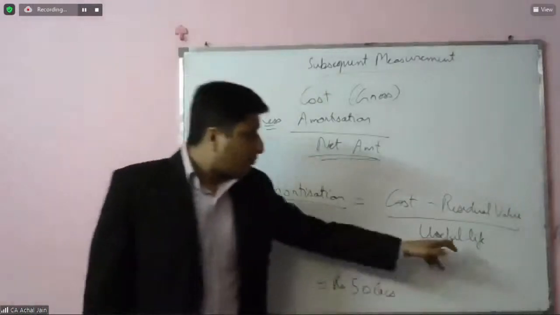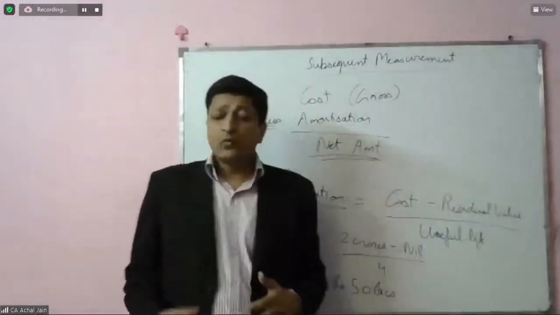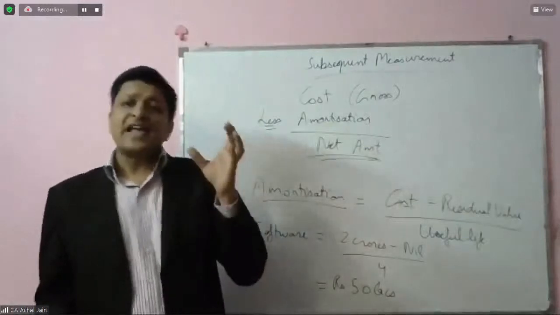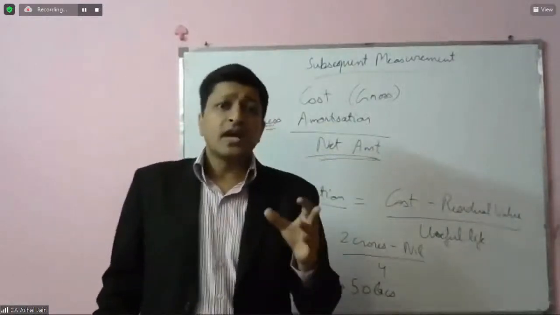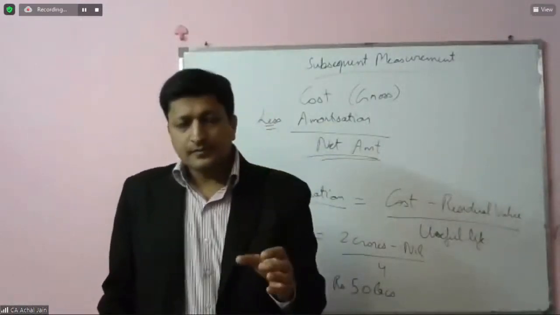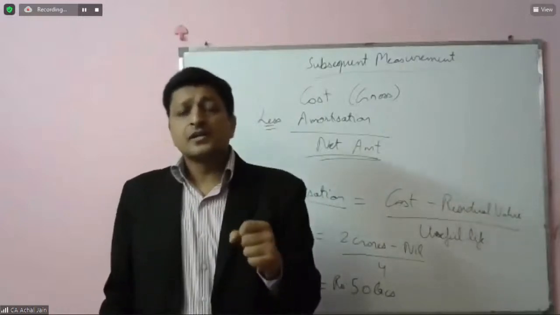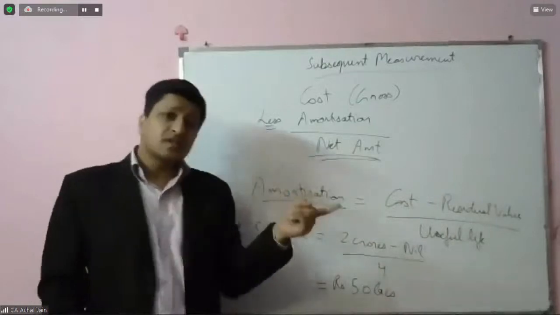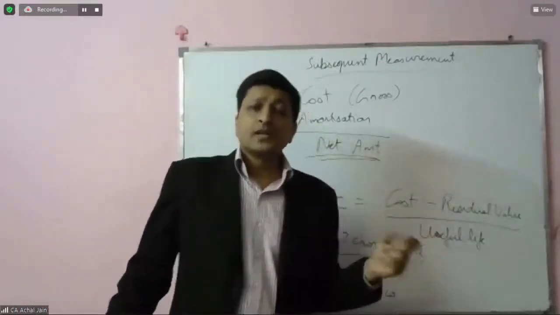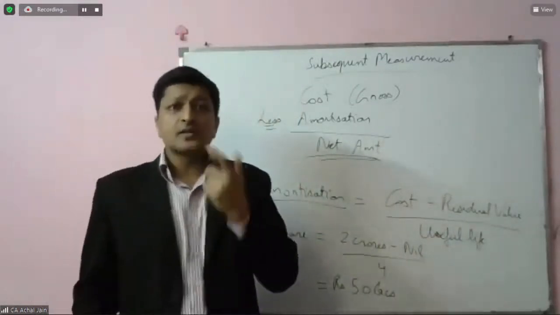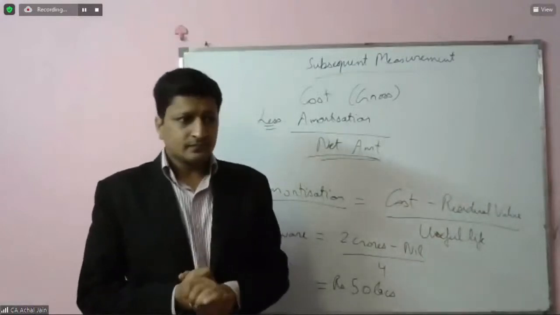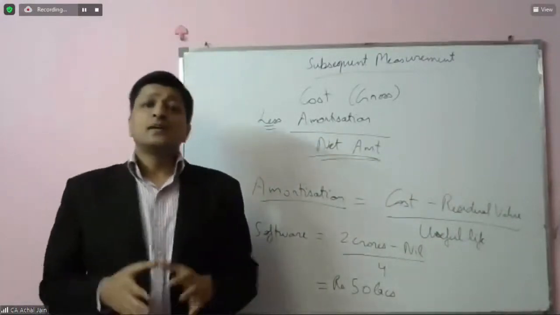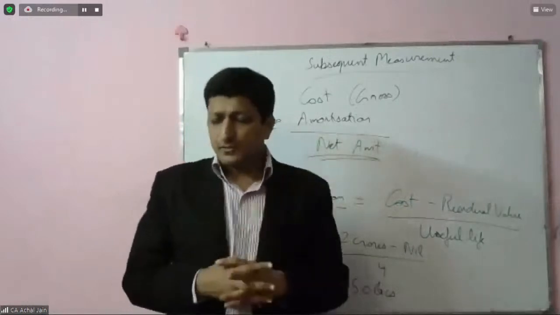Now, if you look at this useful life or the residual value, what are they? They are all estimates. And these estimates, because they are subject to revisions, as we discussed in the last session also, they are all approximations.